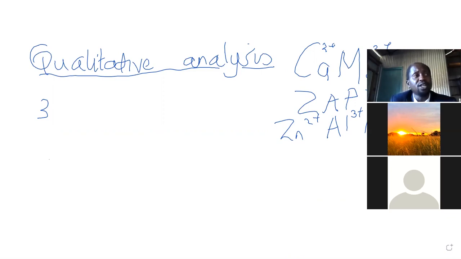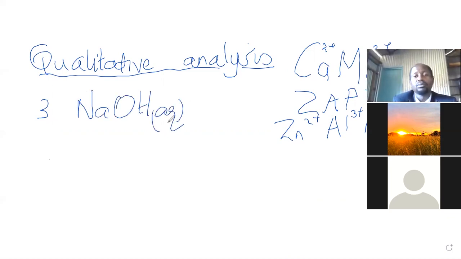Second possible observation, white precipitate insoluble in excess. And here it would be CAM, calcium ions or magnesium ions present.